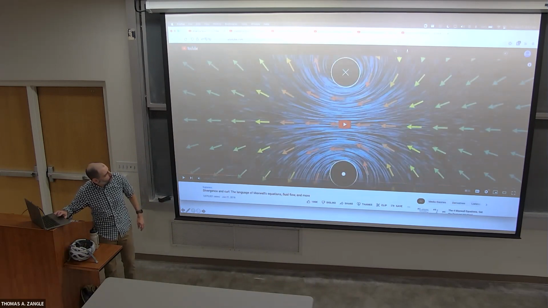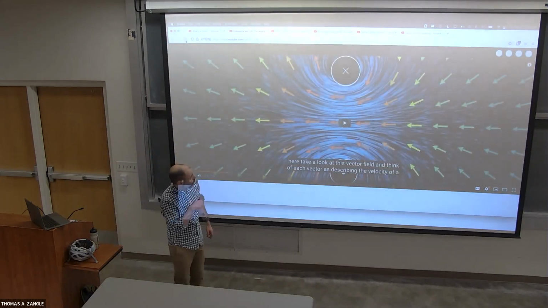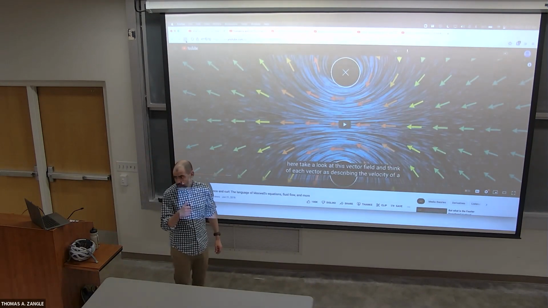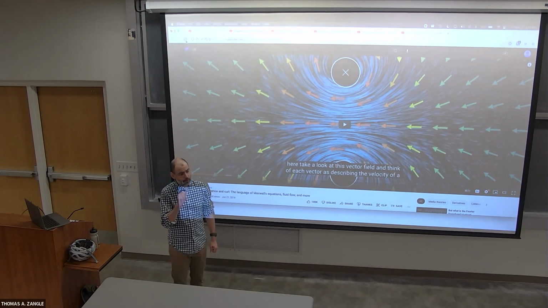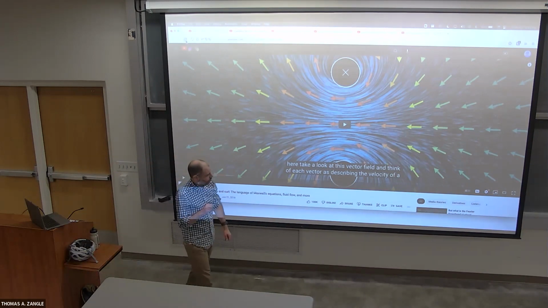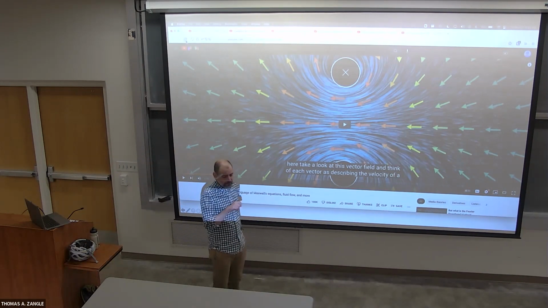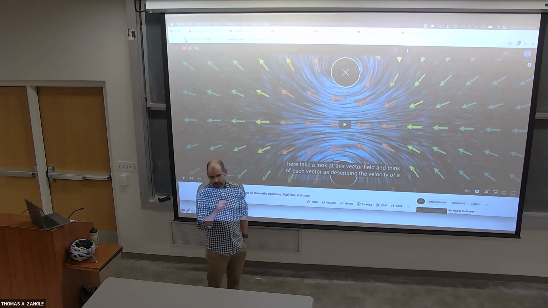So another concept that we've discussed is that of divergence, right? We said that the incompressible equation of mass conservation for a fluid is del dot v equals 0, or divergence of velocity equals 0.